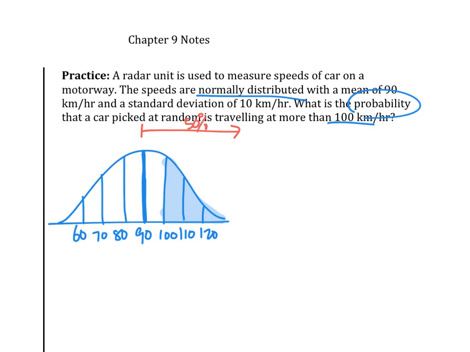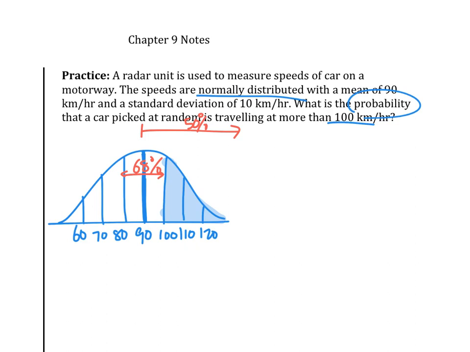Because the mean is in the middle for a normally distributed graph. We know that this part is 68%. So I think this gives you a very good hint of what the shaded area is. So go ahead and solve this one and come back and check your answer.